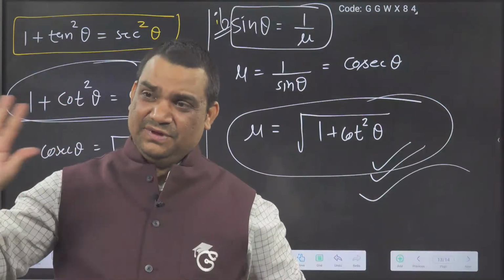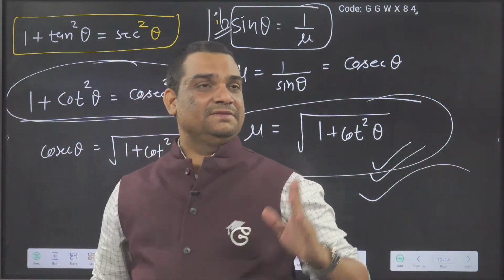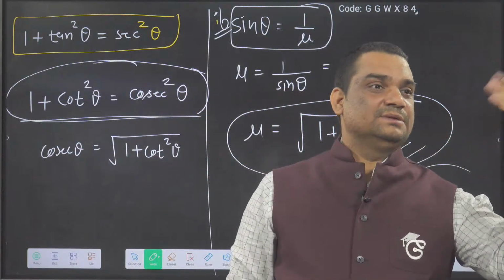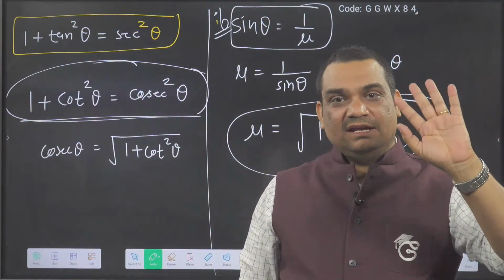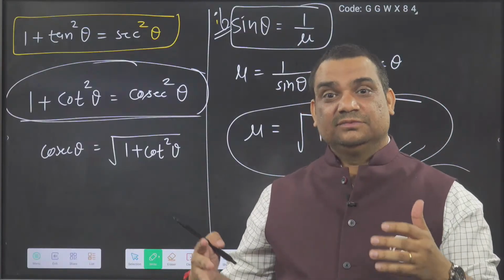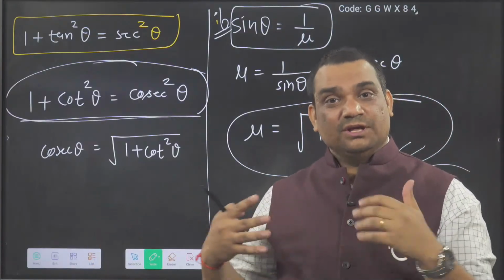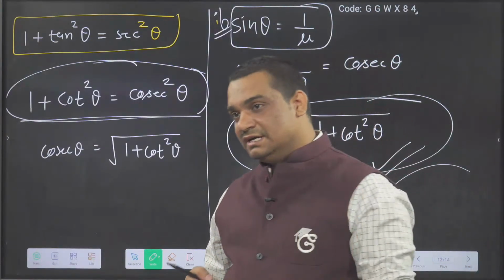Will you have any fear? Sine and cos are known to you, but tan, cot, sec and cosec we don't use frequently. You will not be surprised; we can convert easily.